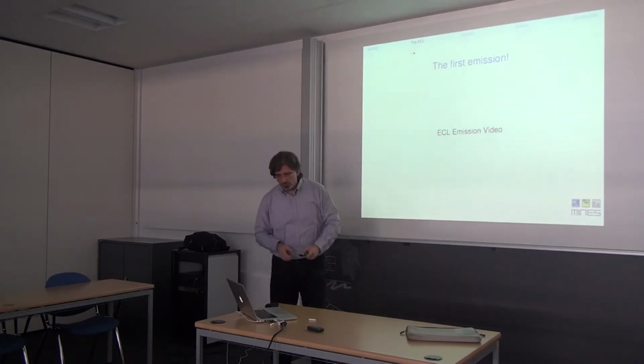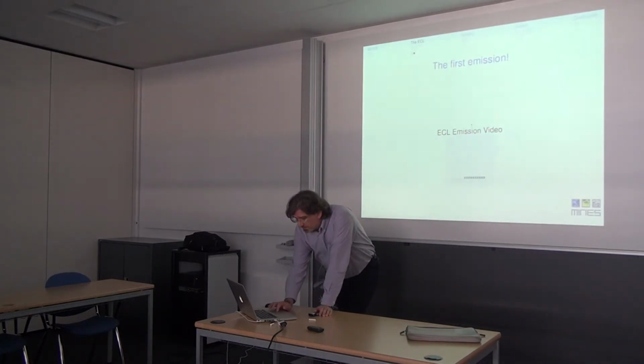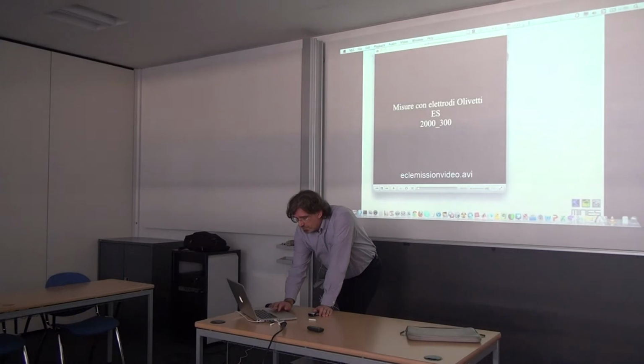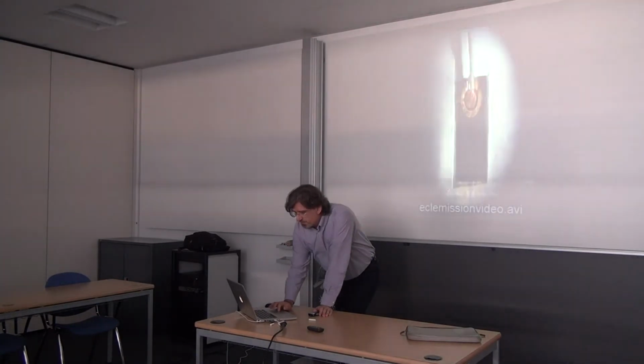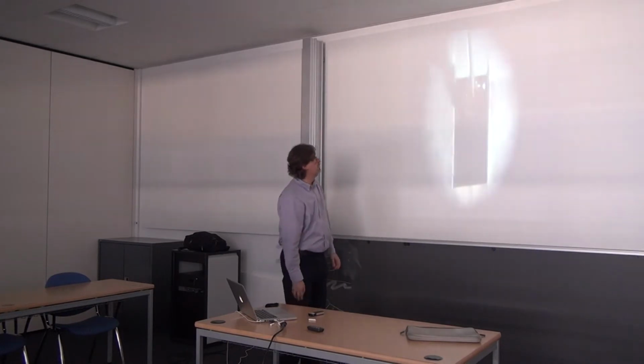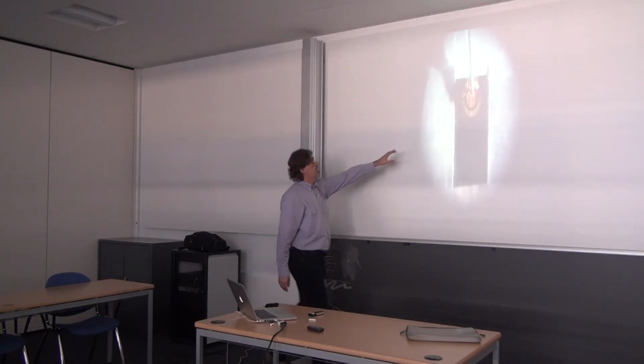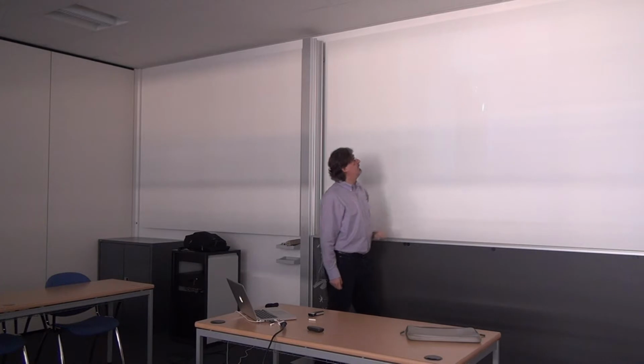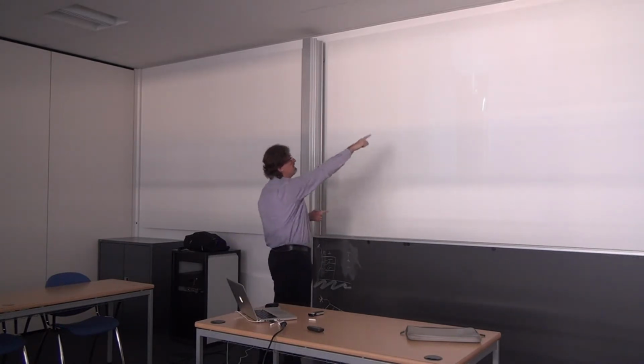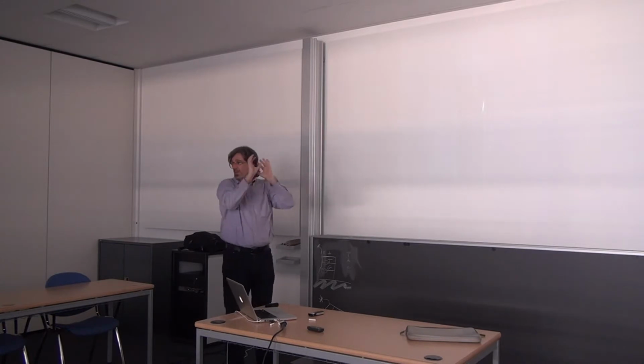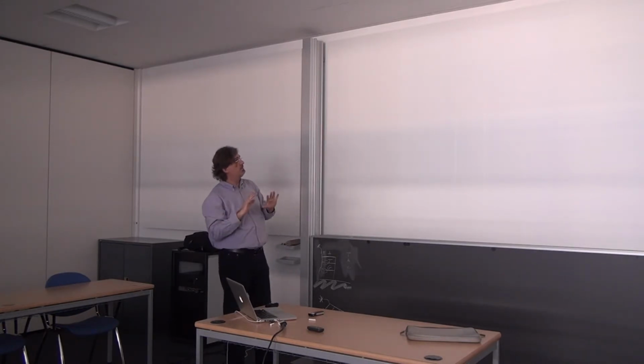And I want to show you what happened in terms of emission. So you see here the electrodes, you see it? Yes. So now we close the chamber, so we are in the dark. We put just the geometry to show you where is the electrode, because now we are in the dark. Now everything is closed.